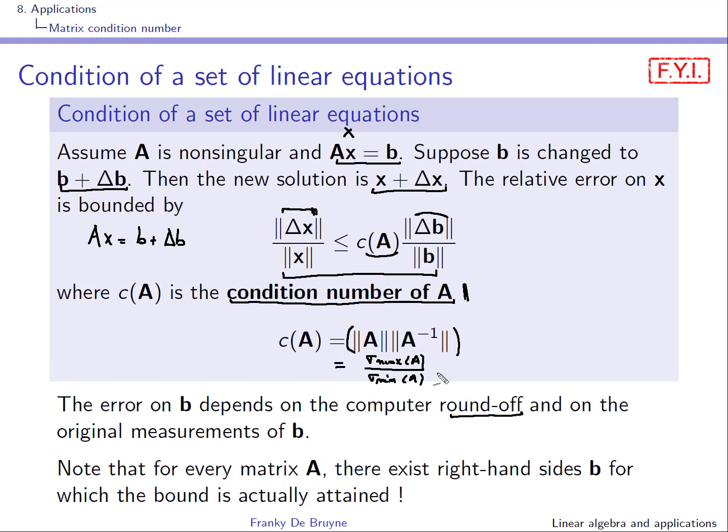It should be as small as possible, and this gives you a way to see if your matrix will be subject to numerical problems in the solution of the system Ax = b.